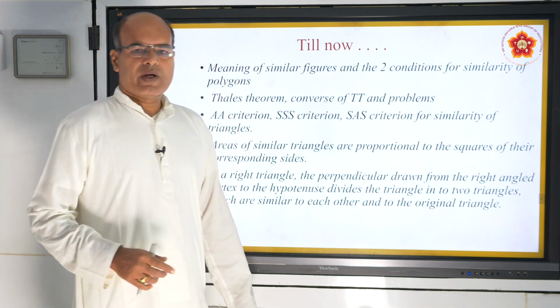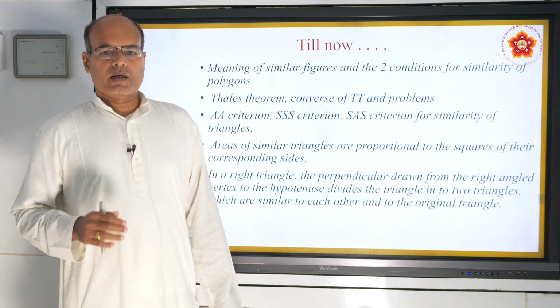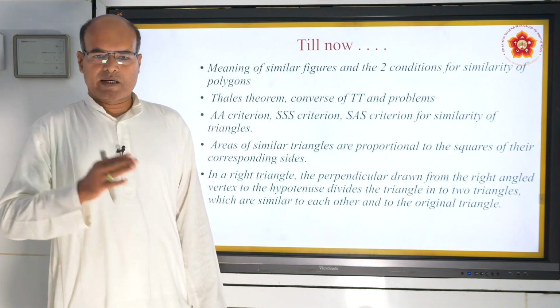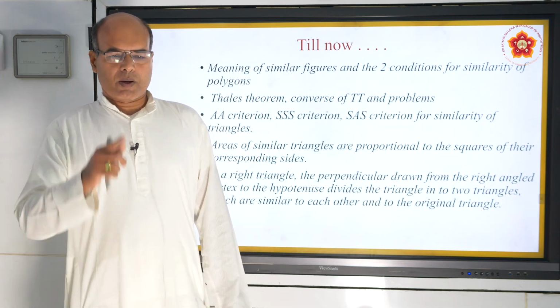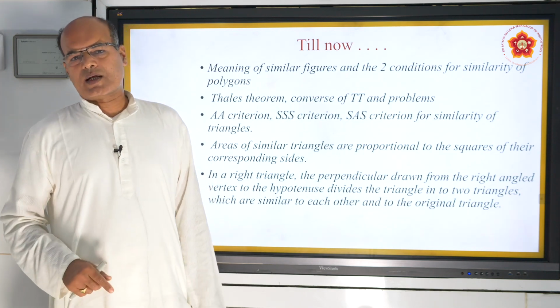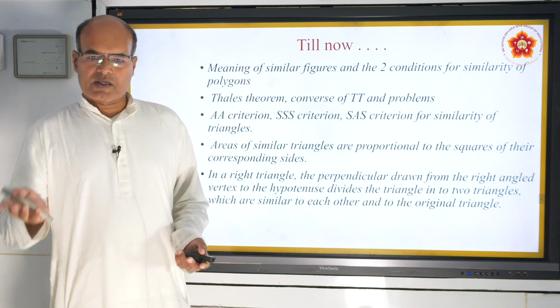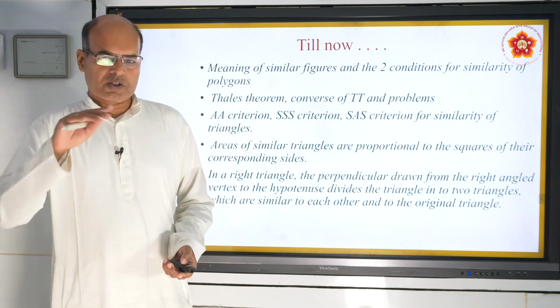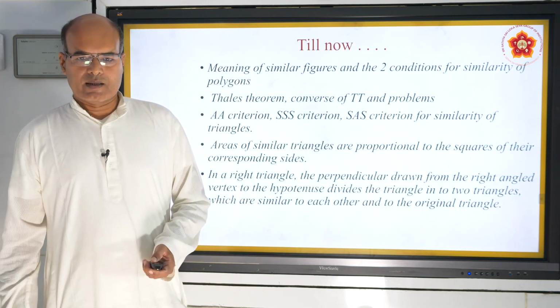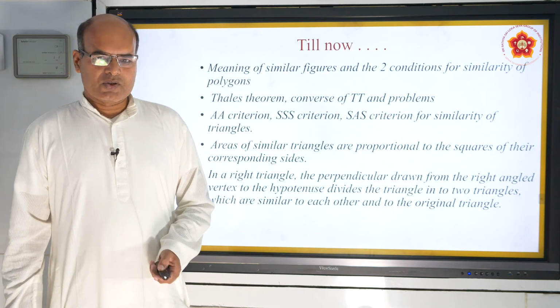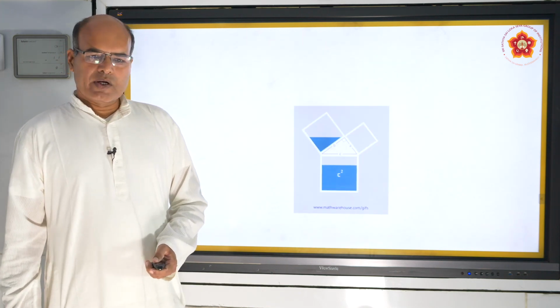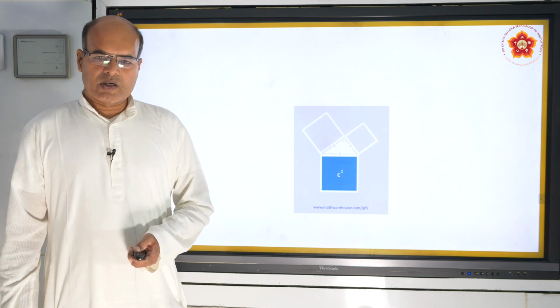And we had one more theorem in the last video, related to the right angled triangle: a perpendicular drawn from the right angled vertex to the hypotenuse divides the triangle into two triangles which are similar to each other and also similar to the given triangle. So in this video, we are going to prove the Pythagoras theorem.